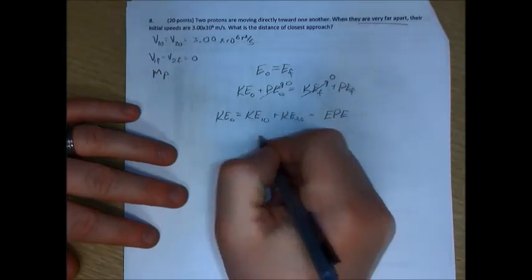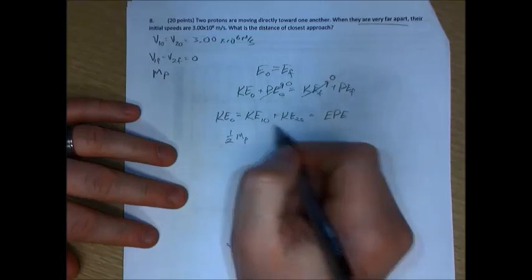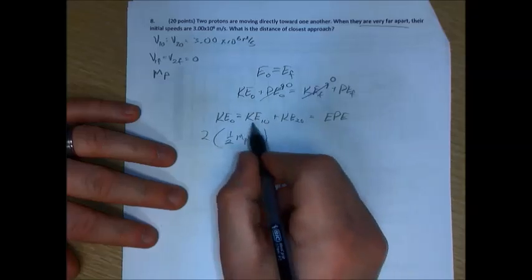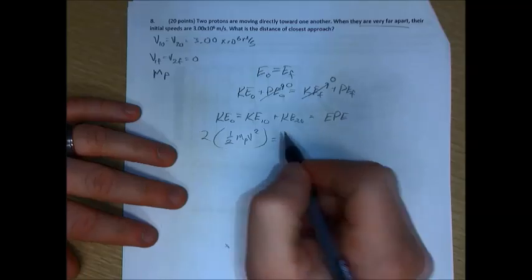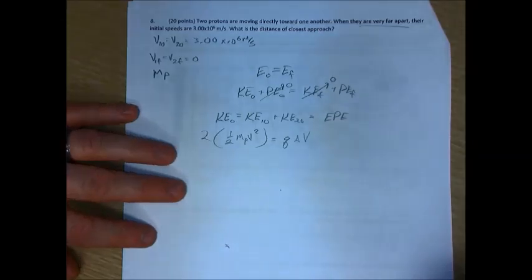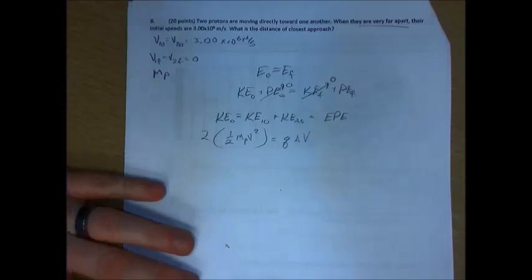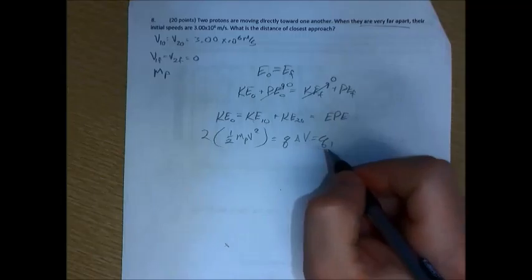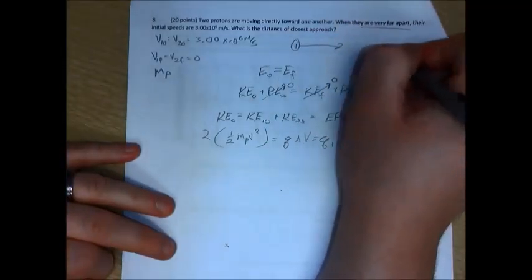In the beginning, the kinetic energy is 1/2 m, which is mass of a proton, v squared, and this is all going to be multiplied by 2 because the kinetic energy of each particle is the same because they're moving at the same speed. Now the electric potential energy is defined as charge times the potential difference. In this case, we'll think Q1, and let's say we have 1 and 2.